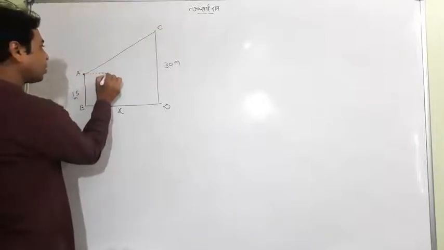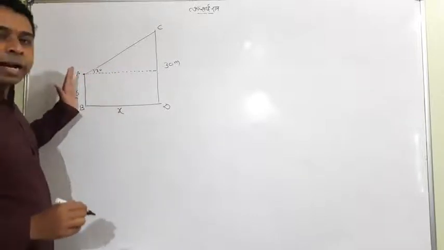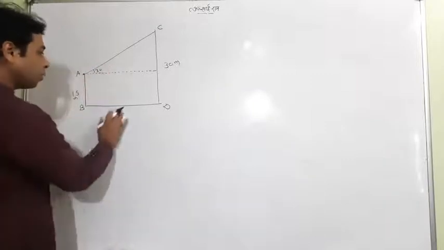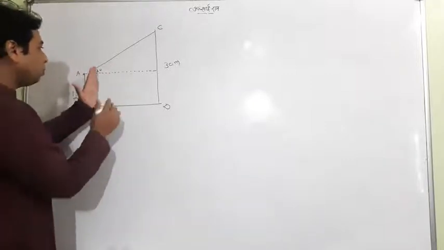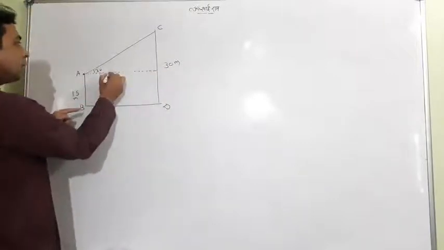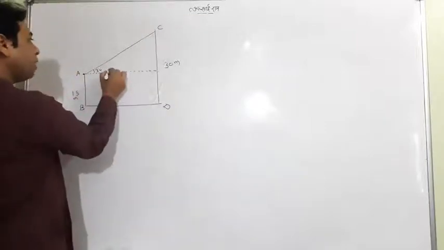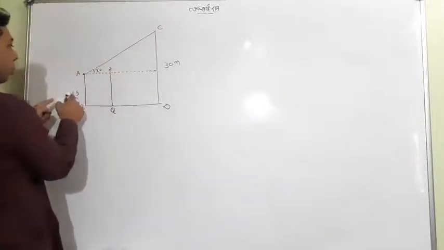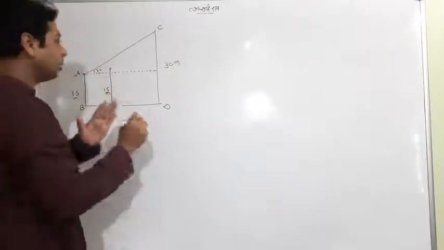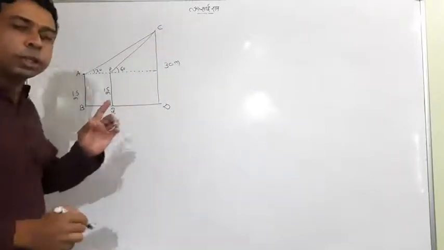How will I make the 30 degree angle? I have to make the imaginary plane here, and this angle is 30 when the boy is standing here. When the boy slowly goes towards the building, suppose this is the second position of the boy, suppose it is P and Q. This is also 1.5 meter, but this angle has now become 60 degrees.